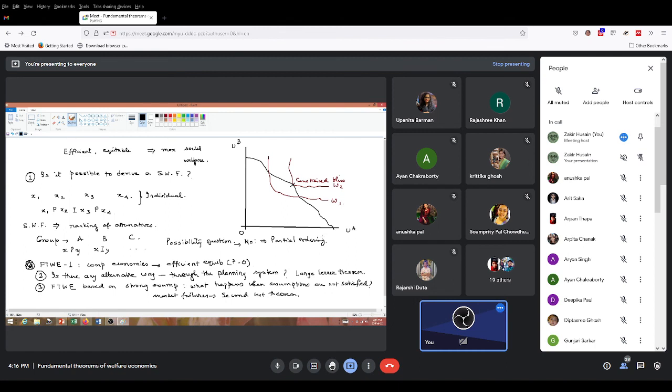So what I'm trying to say is, without bringing in interpersonal utility comparisons, I end up with a set of Pareto optimality points given by the GUPF. And I don't know how to choose between them. So, if I rule out interpersonal utility comparisons, I have a partial ordering.